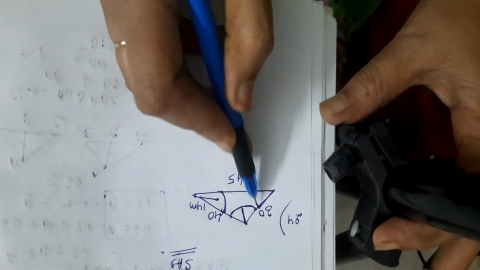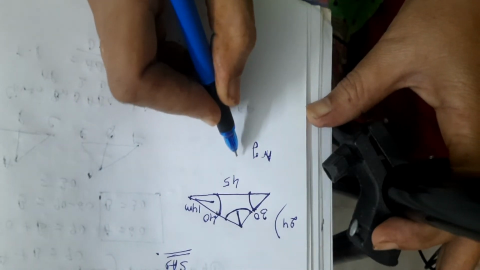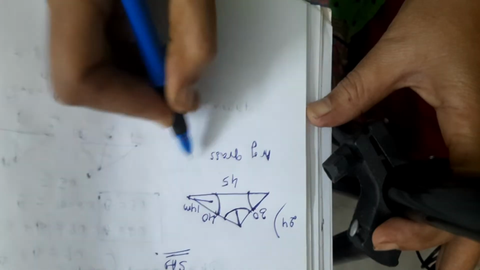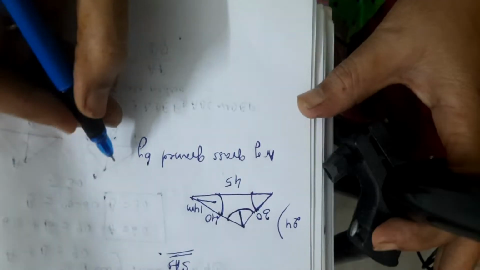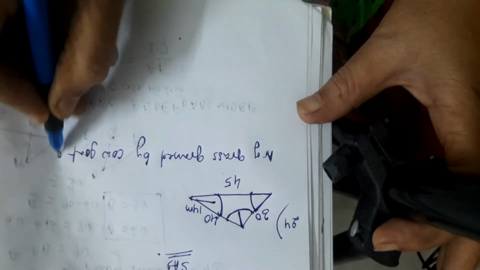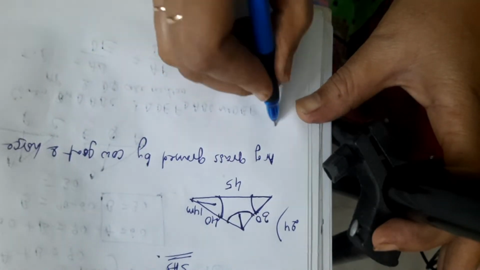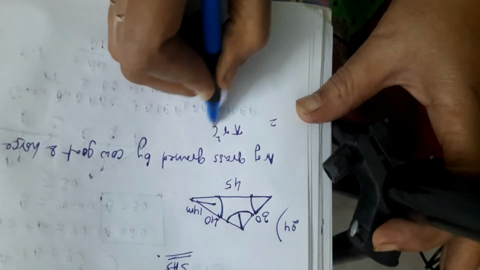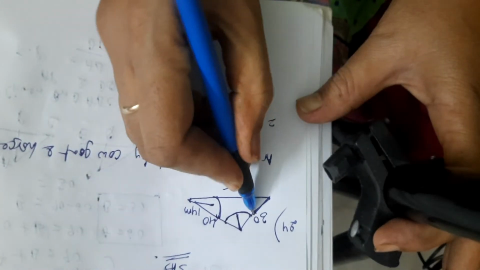Here the formula of the sector, area of grass grazed by the cow, goat and horse, is pi r square theta 1 by 360. This is a sector.